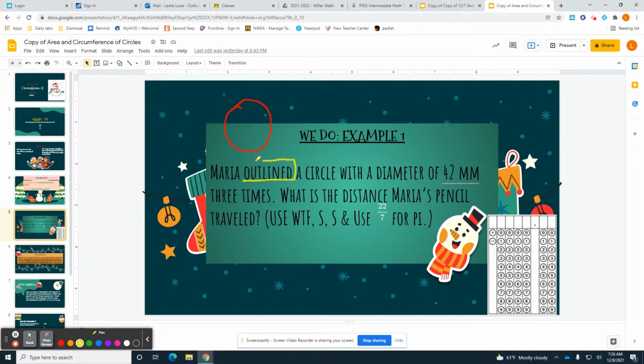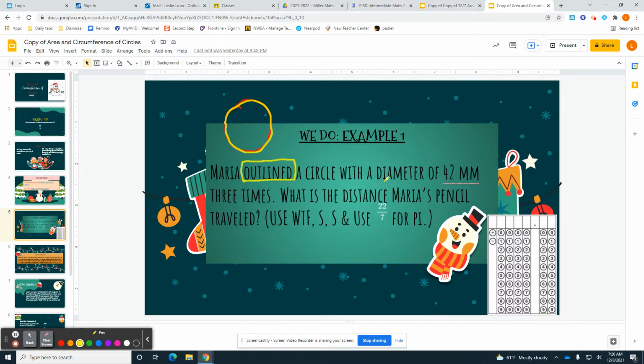So if she outlined it, are we looking for area or circumference? Okay. So if you said circumference, that's right, because if she outlined it, that means she traced the edge, right? Whenever you're coloring, you outline maybe in marker. Okay, so that's just the part around the circle.